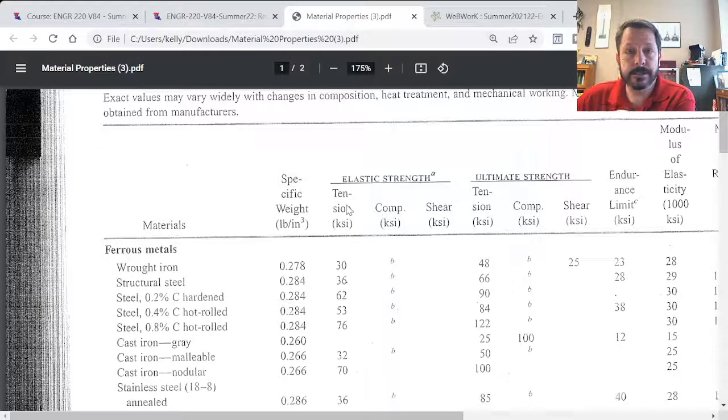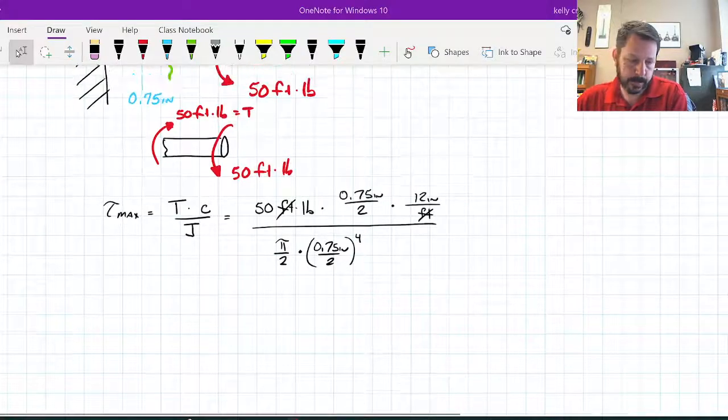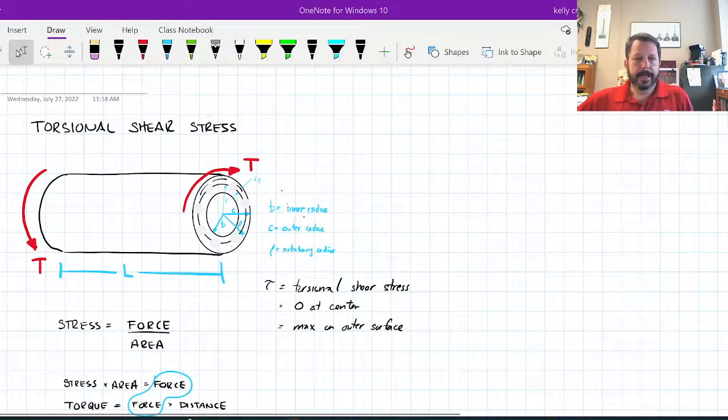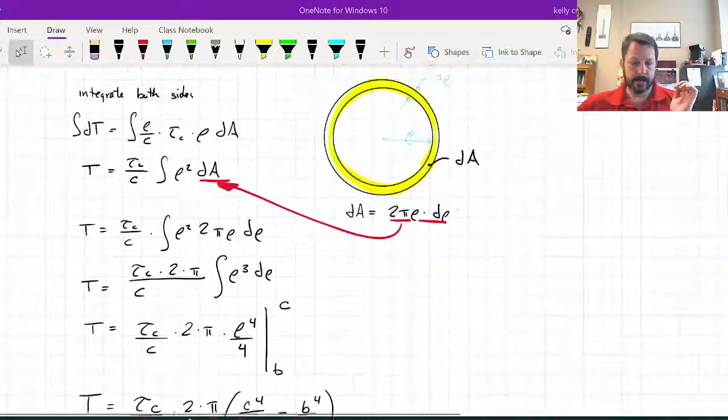Now this is a shear stress, so we have to compare that to a shear strength. Remember, the way the torques are applied, they are parallel to the surface that we calculated this area from, right?